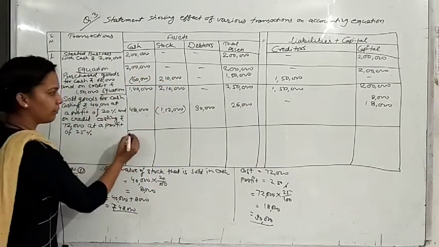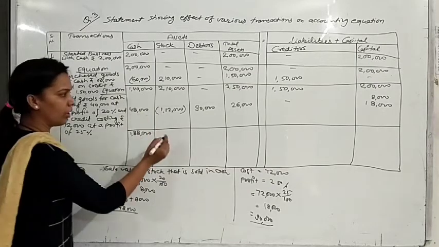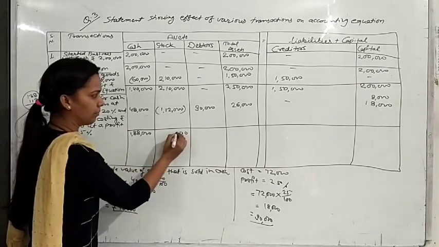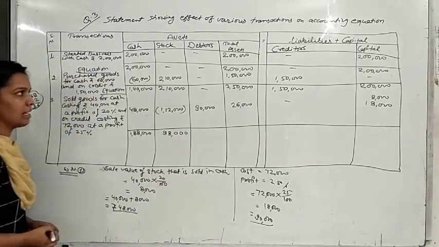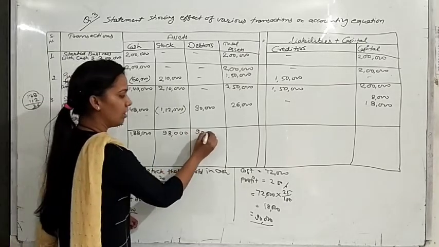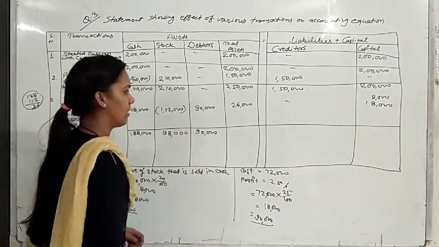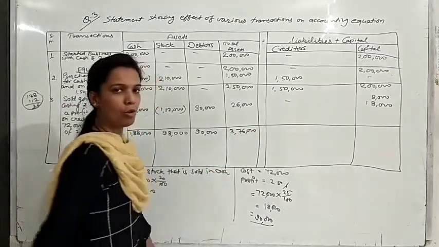Match the equation. It is 1,88,000 cash amount, 210 minus 12. 98,000 is the amount of stock. Debtors 90,000. Total assets, vertically, it is 3,76,000. This is the amount of total assets.